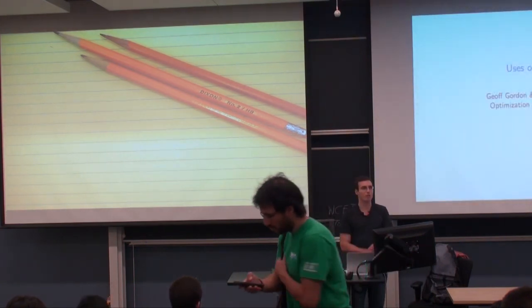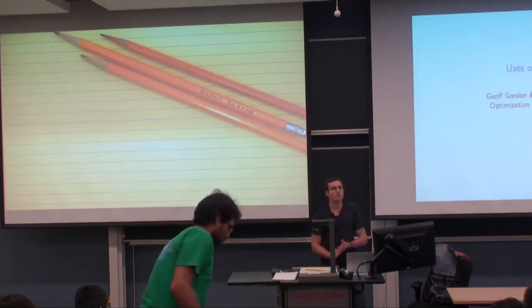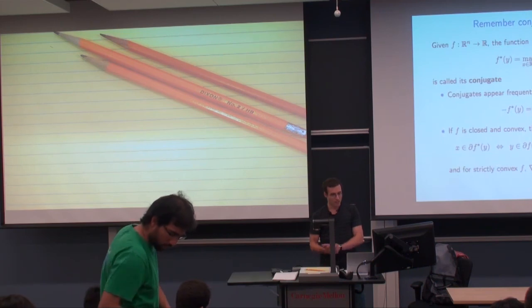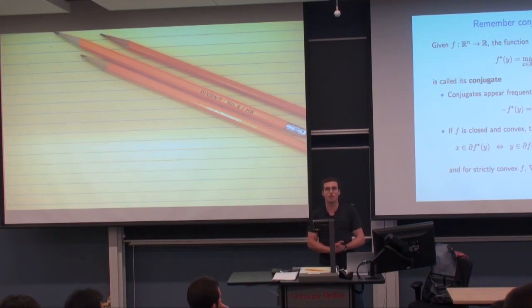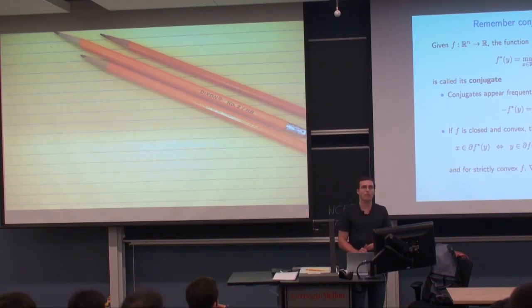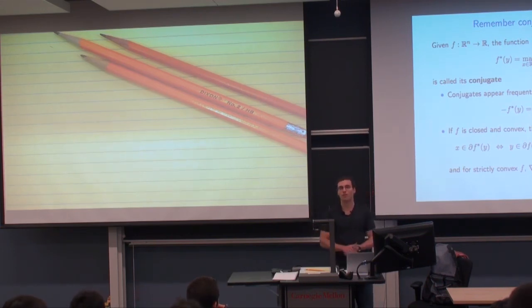Okay, so today's about uses of duality. The one thing that's going to be key for this lecture that we learned last time is conjugate functions. I think they're going to be key from now on whenever we talk about duality. So I just wanted to remind you what we learned. If we have any function f, it doesn't need to be convex, just a function, then we can define its conjugate, which we denote by f star.